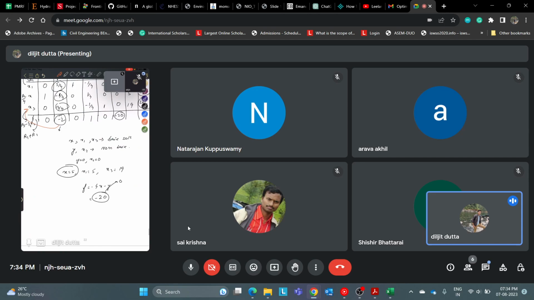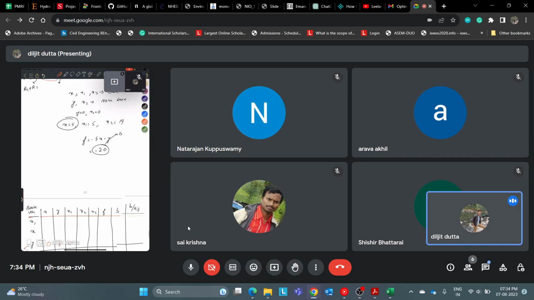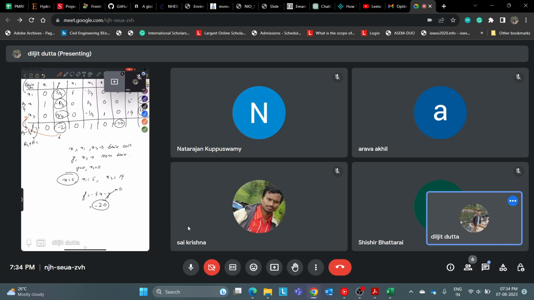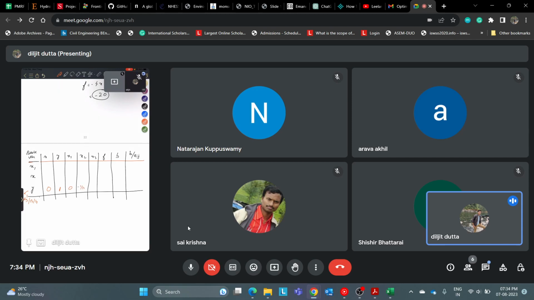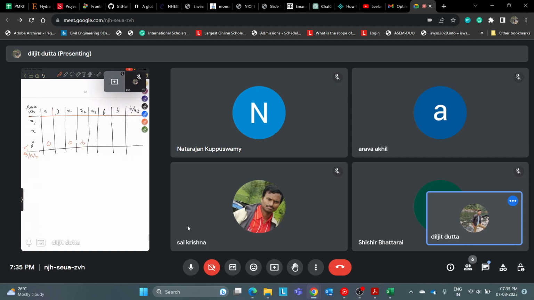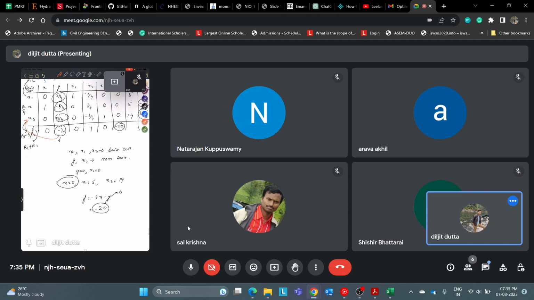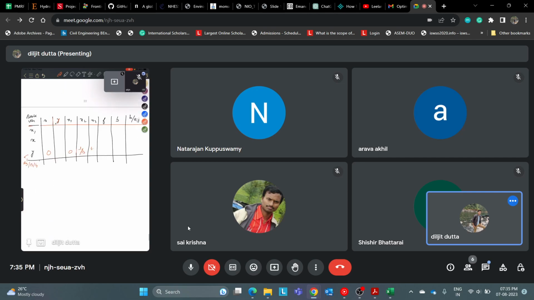Again I think x1 will be 0, x2 will be minus 1 by 4 divided by 13 by 4, minus 1 by 13, and I think x3 will be 1 by 13 by 4, which is equal to 4 by 13.